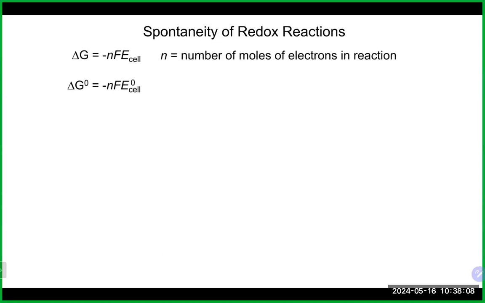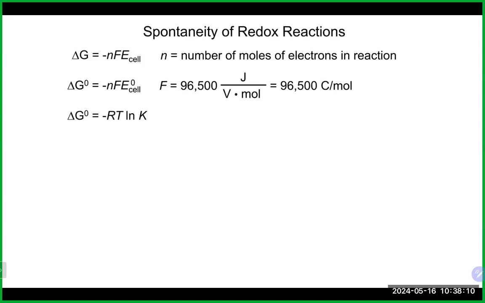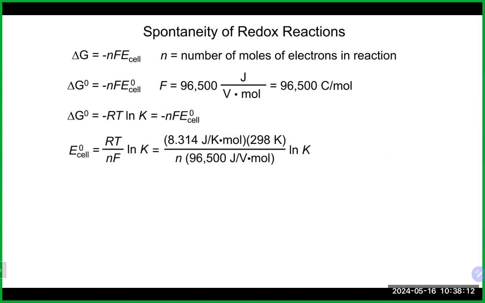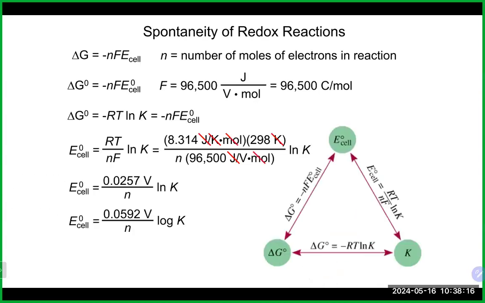So let's look at the relationship between our cell voltage, the EMF of our cell, and some of these thermodynamic properties, and we'll talk about each of them. We can take our delta G and it will equal minus nFE of the cell.